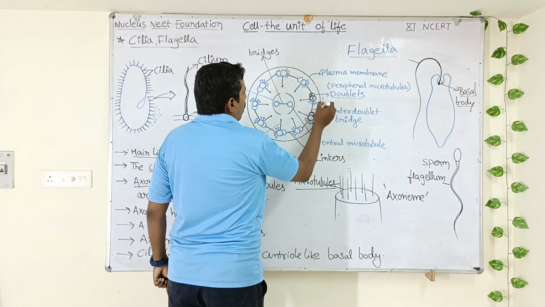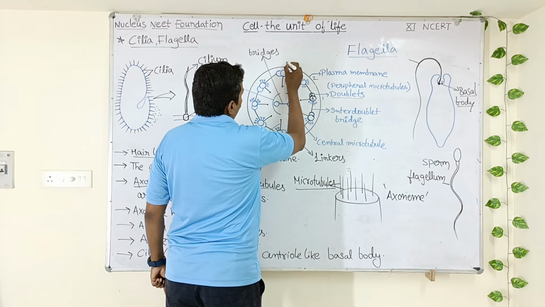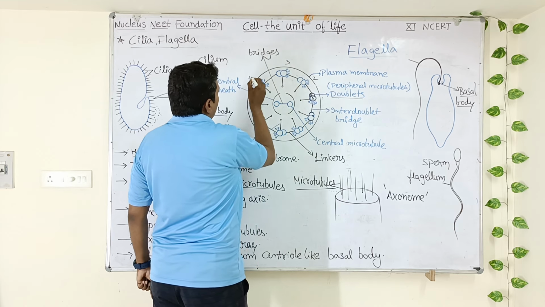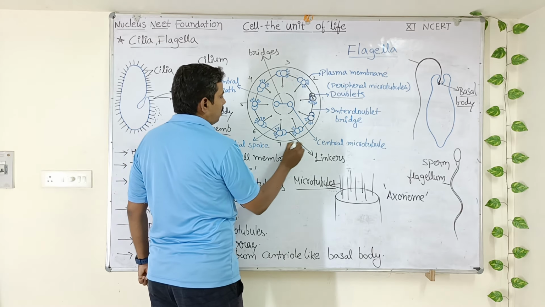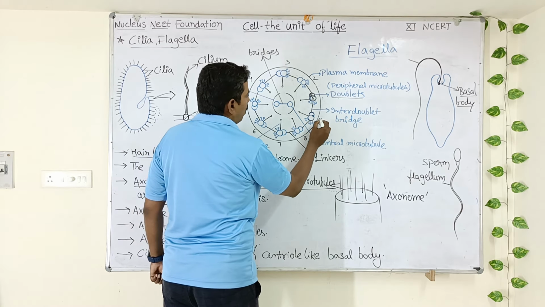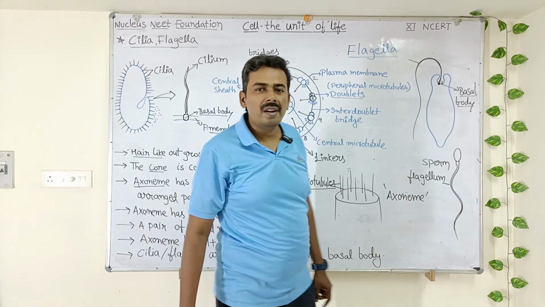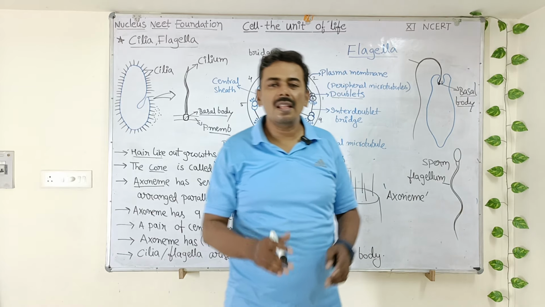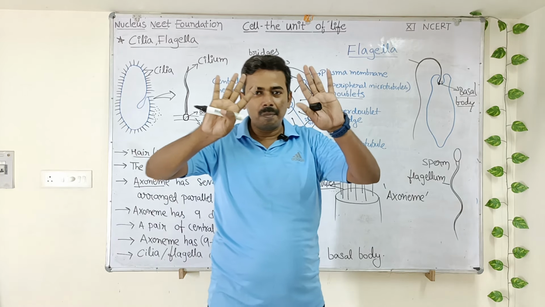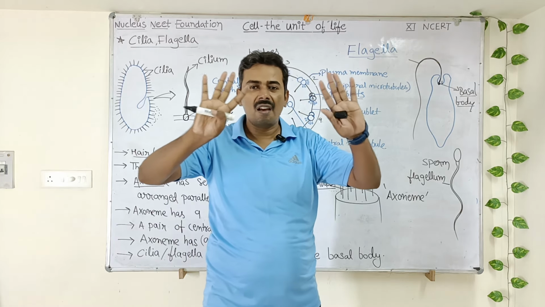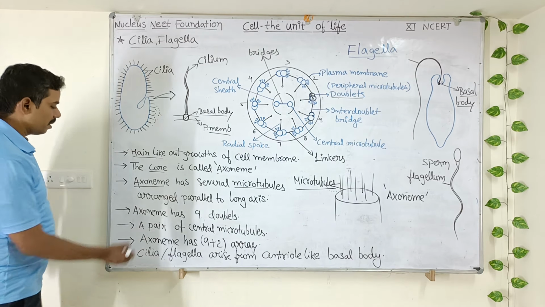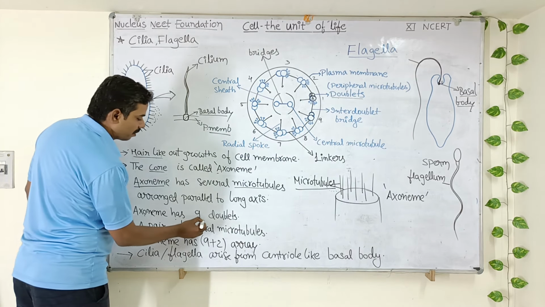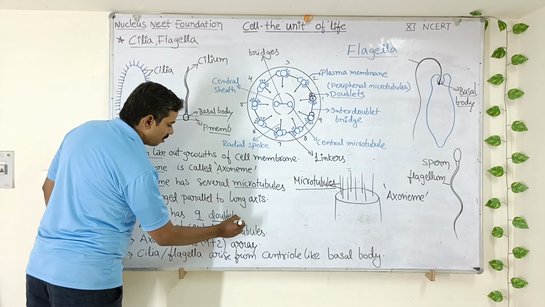This is 1, 2, 3, 4th doublet, 5th, 6th, 7th, 8th and 9th. Total, how many doublets are there, children? There are 9 doublets in cilia and flagella. Very important, note down. The axoneme has 9 doublets.